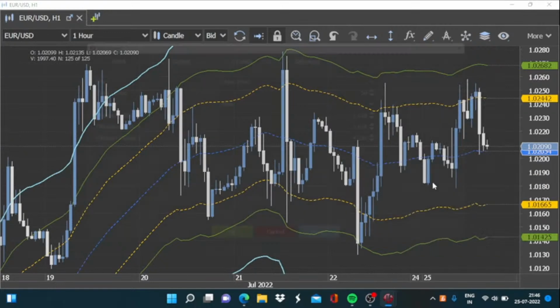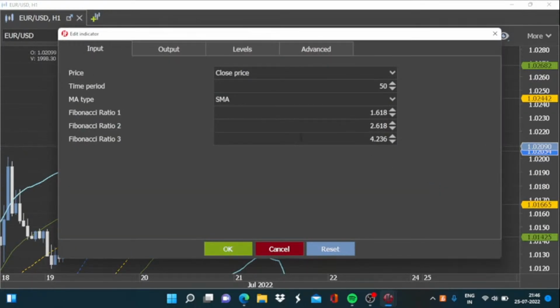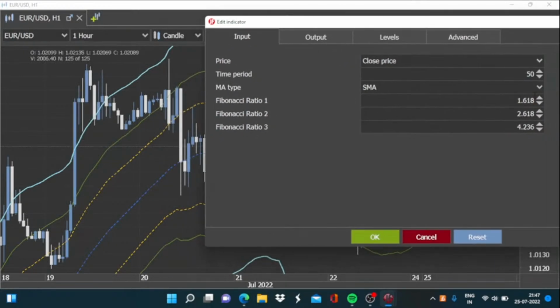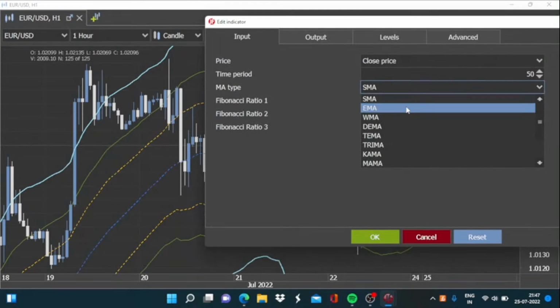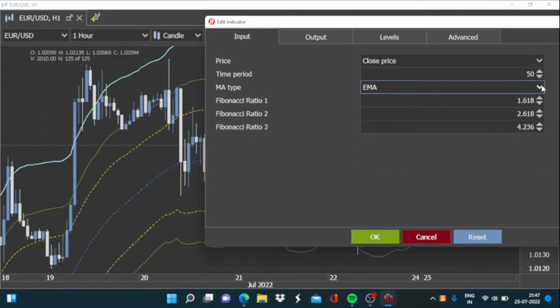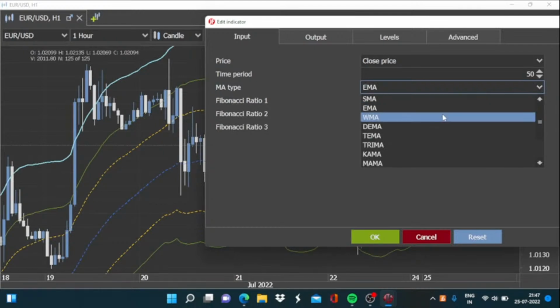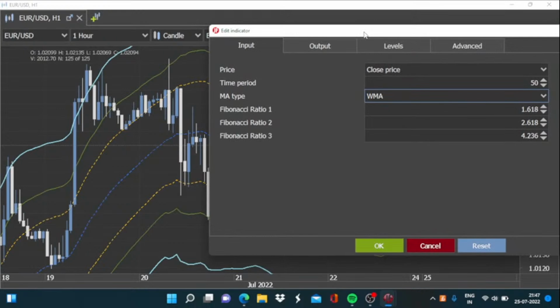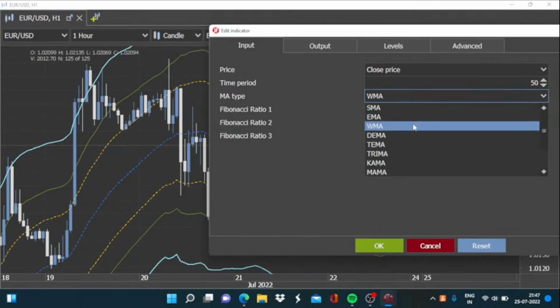Now I will again explain to you some other editing options. We can change the candle period's moving average. So if we want to work with a different moving average, all we have to do is change it to a different moving average. This is now EMA. If I change it to WMA, it will again change. So this plotting changes as per the type of moving average.